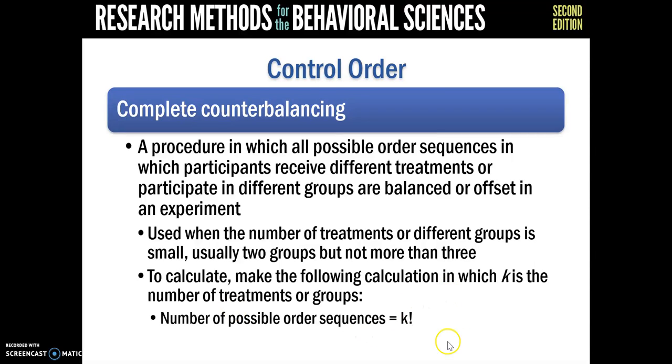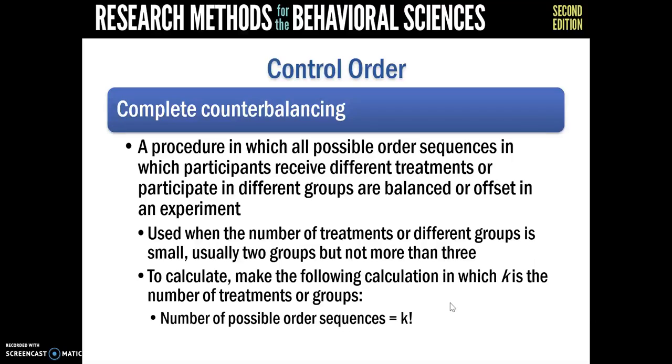The way we calculate this is using what we call factorials. So if it's 3, you're going to do 3 multiplied by 2, which is 6, multiplied by 1, which is also 6. So, in order to counter this effect completely with 3 groups, you're going to have 6 different combinations.